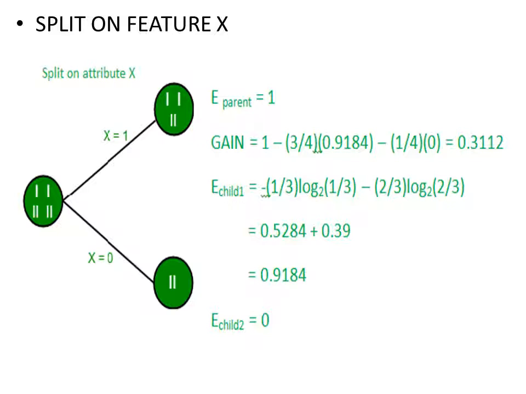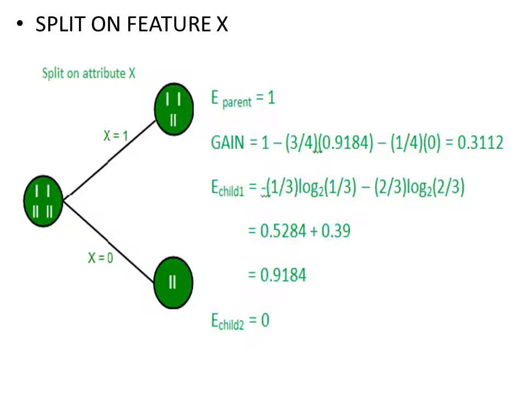Based on the feature X, the decision tree is constructed like this. So E parent is equal to 1, and gain is calculated based on the formula given.